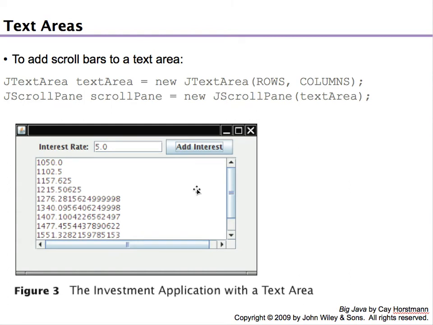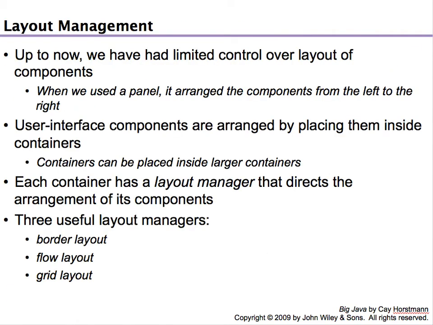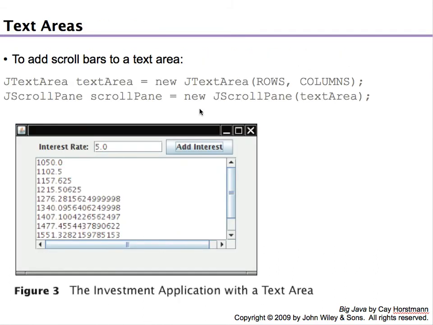You can add a scroll bar to the JTextArea if the user scrolls up and down. So the scroll bar is a scroll pane. What's happening here is that the text area is where you put the text. It's a component, and you wrap it inside a scroll pane.